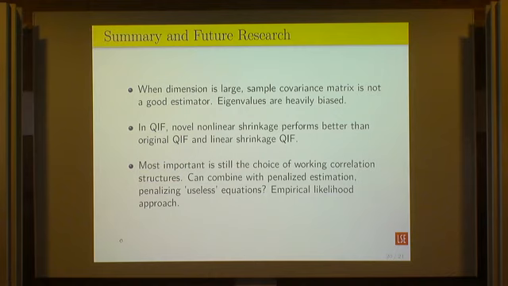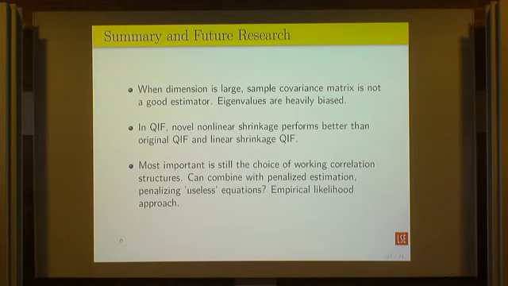And there's some direction: can we combine this with penalized estimation to penalize actually useless equations? In previous examples, we include independence, compound symmetry, AR1. Can we include all of them and then have some screening procedure to screen out those useless equations first?